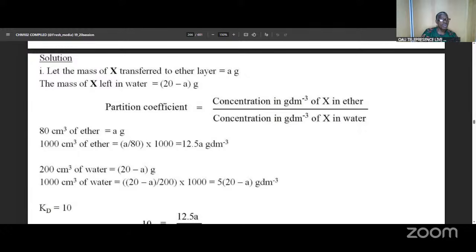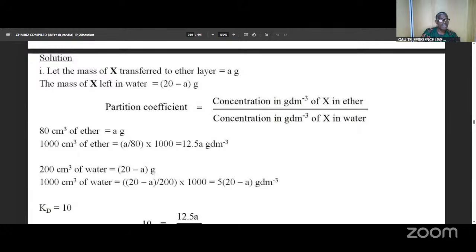So, the next line, therefore, 1000 cm cube of ether will be equal to A over 80, that is the total amount of ether given to us.